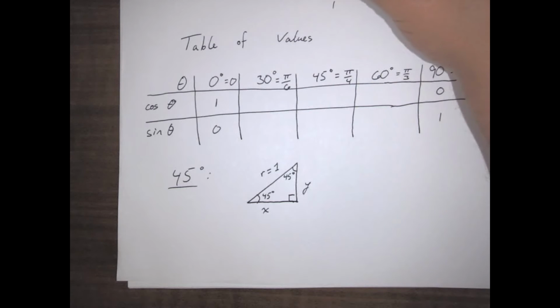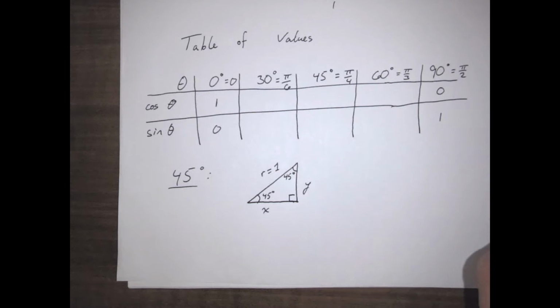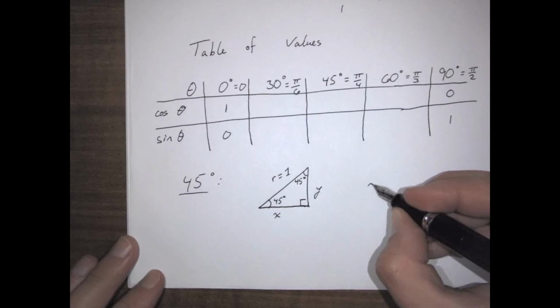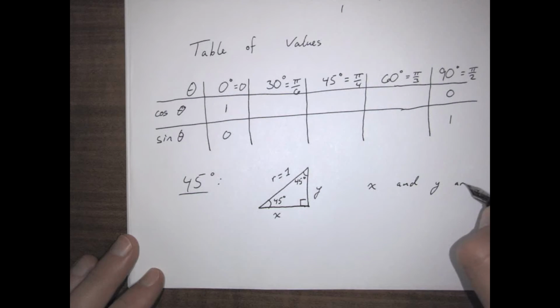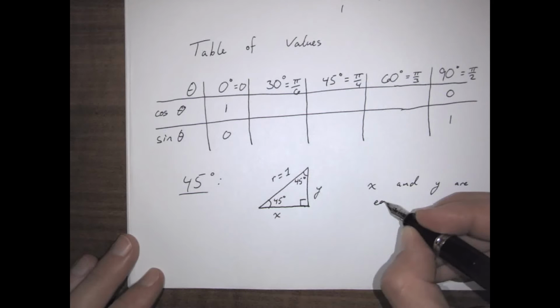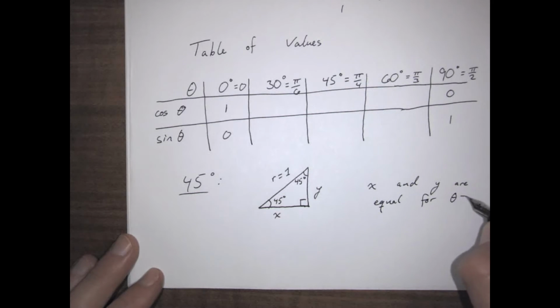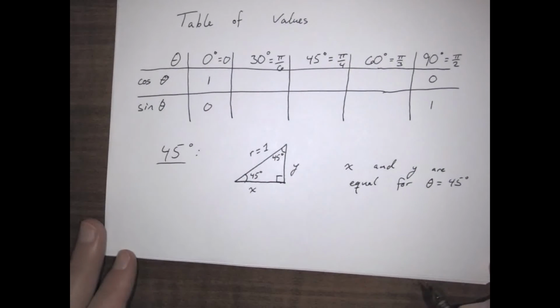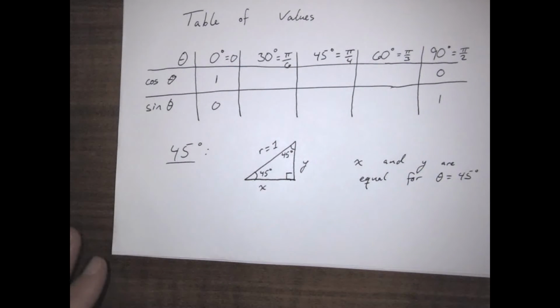This is the point that's right halfway into the circle there, and so the x value and the y value will happen to be the exact same. So x and y are equal for theta equals 45 degrees. It's an isosceles triangle, which means that the sides have to be equal if the angles are.